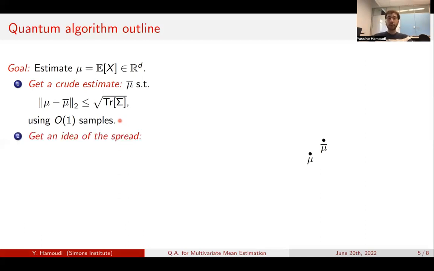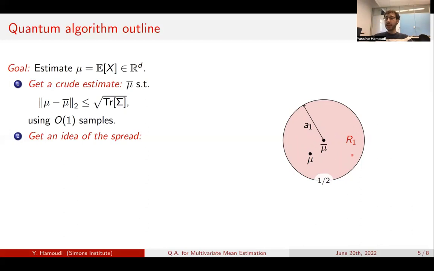The second step, which will be a bit more interesting, is to get an idea of the spread of the distribution around the mean. For that, we first find the radius A1 of a ball that contains about half of the total mass of the input distribution.